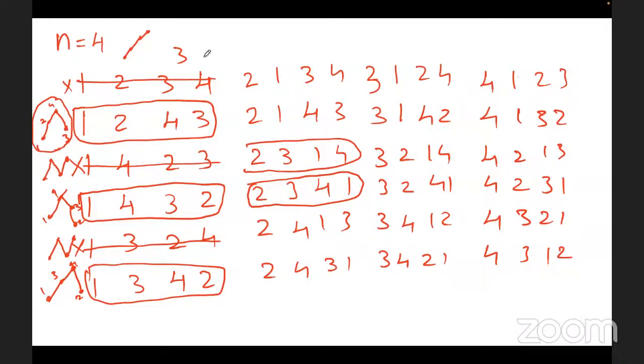Any formula or shortcut? That's what you have to find. So totally how many mountain peak sequences? 6.